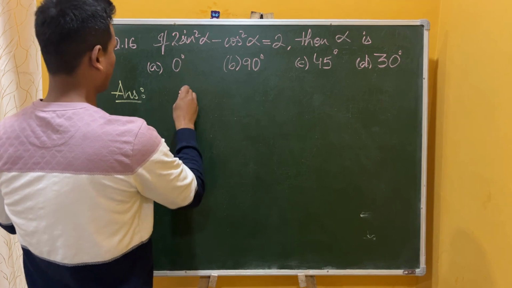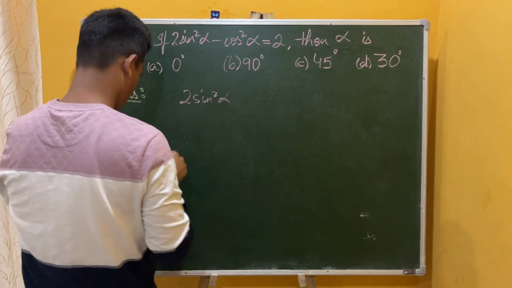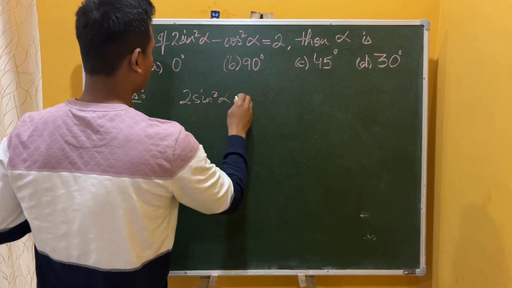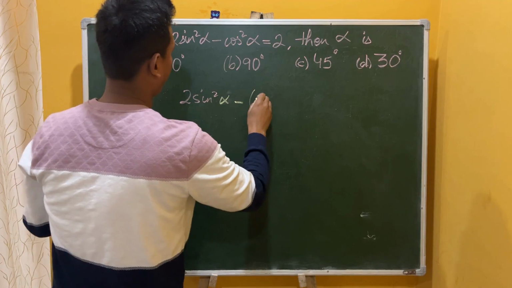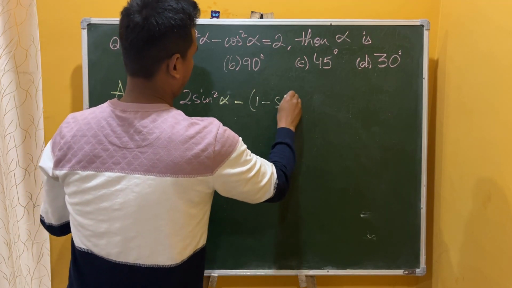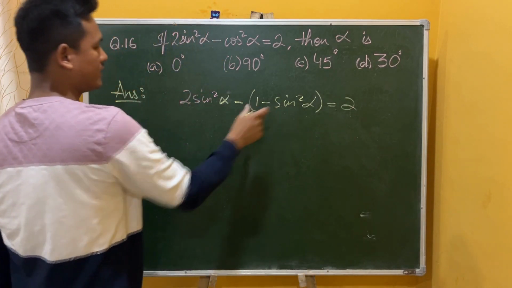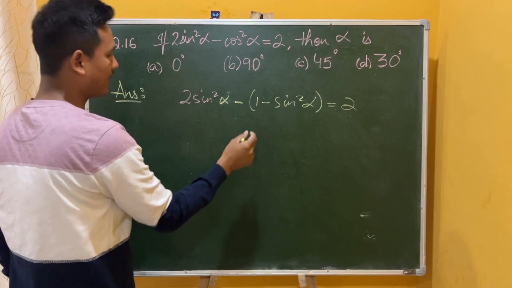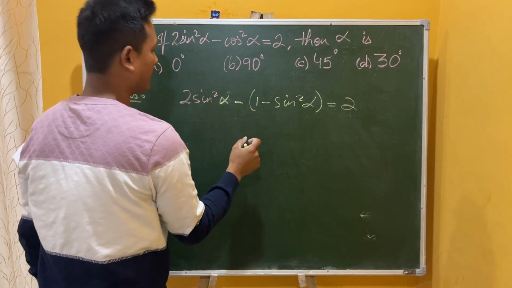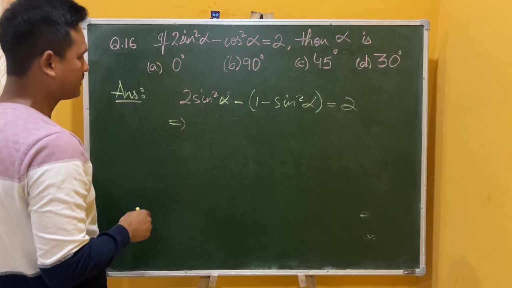I can do this, right? In place of cos square alpha, I can write 1 minus sine square alpha. Now both of them are sine square alpha. Let's see what happens.